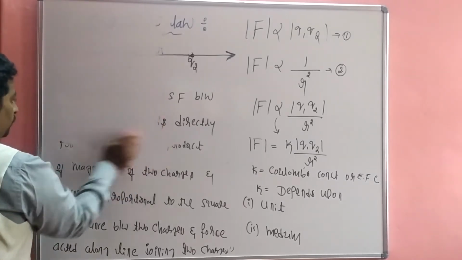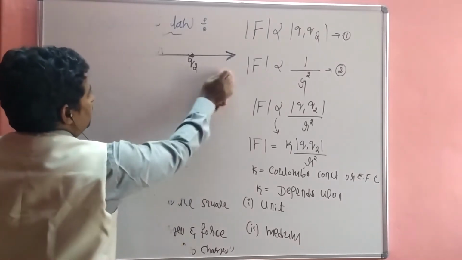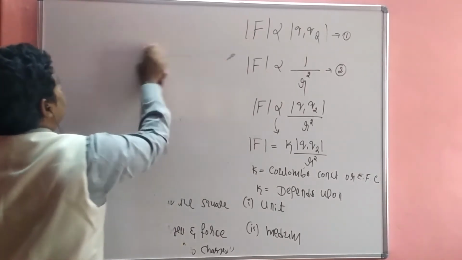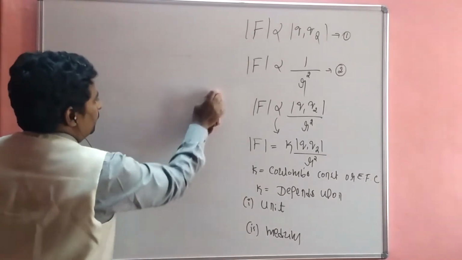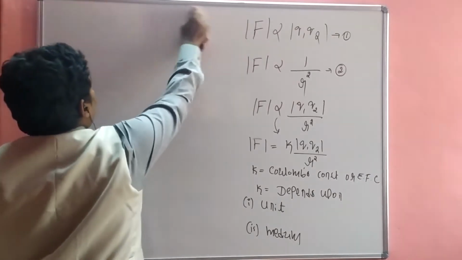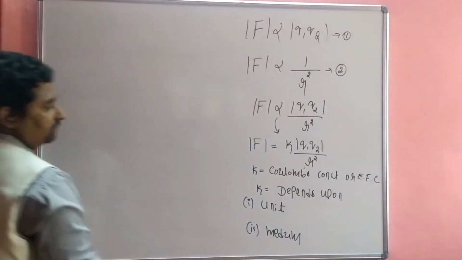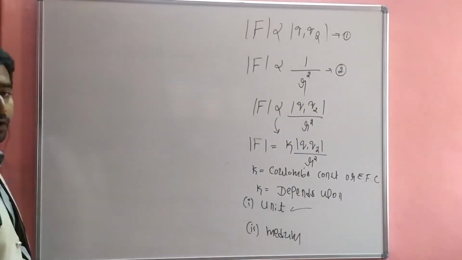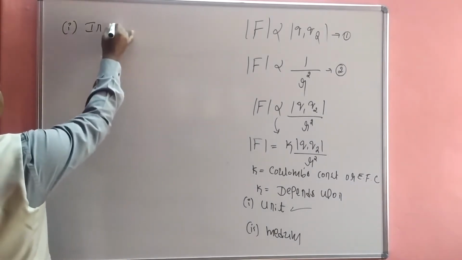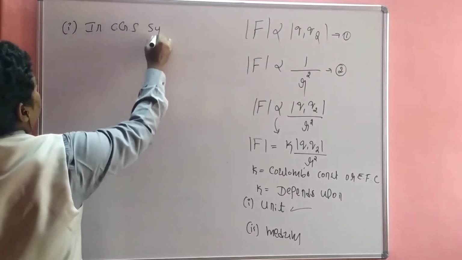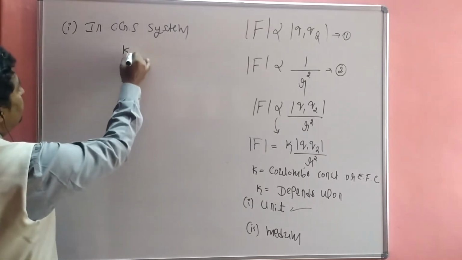There are two important unit systems, the CGS system and the SI system. In the first one, the CGS system, what is the K value? In the CGS system, the K value is equal to 1.